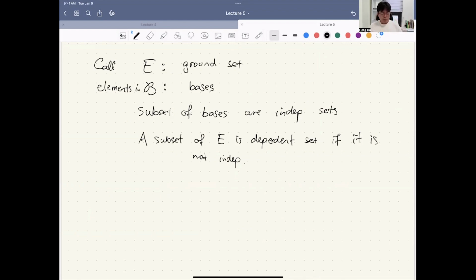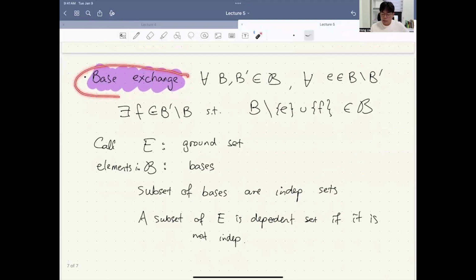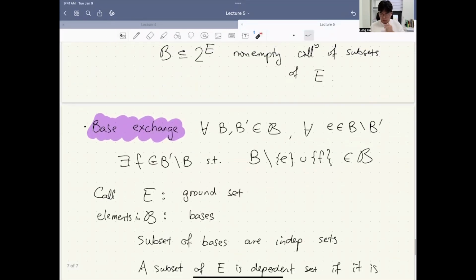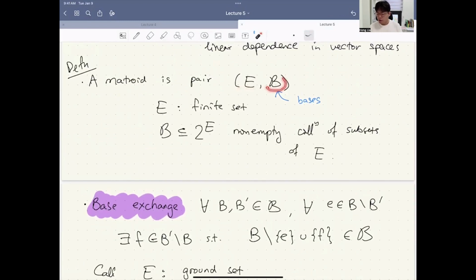One exercise we can prove is that given this basis exchange axiom, once again, what's a matroid? We have a ground set. We have a collection of subsets of the ground set, which satisfy this basis exchange axiom. Given this axiom, all the bases in B must have the same cardinality.